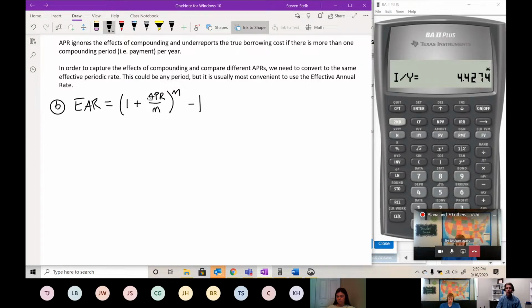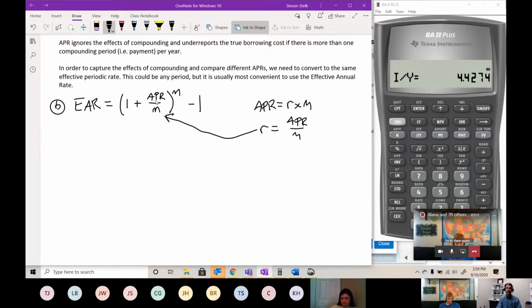In this APR over M right here, remember the definition of APR? I'm just going to do this off to the side. It's not related to this specific formula. APR equals R times M. Well, if we solve for R, that's going to be equal to APR over M. All right, well, that's exactly what's going on in this formula right here.